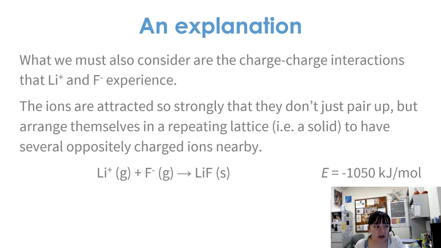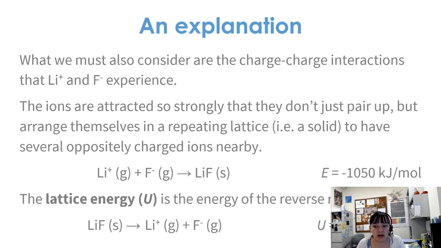This energy, as the reverse version, is referred to as the lattice energy, or U. This is the amount of energy it takes to take a solid ionic compound and bust it apart entirely into its individual ions, separating it into lithium and fluoride and putting those into the gas phase, completely obliterating your crystal structure.